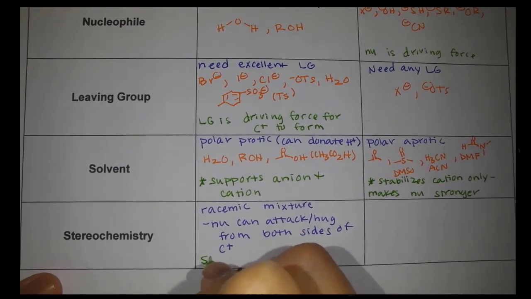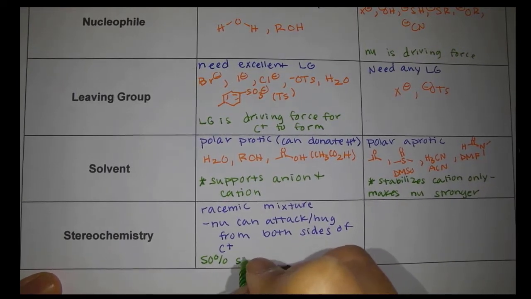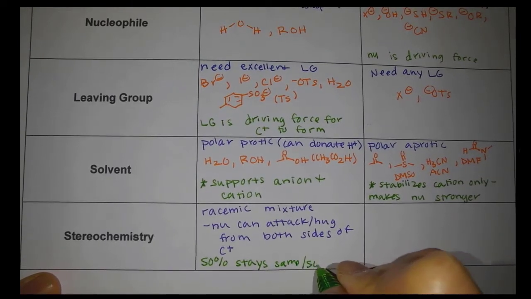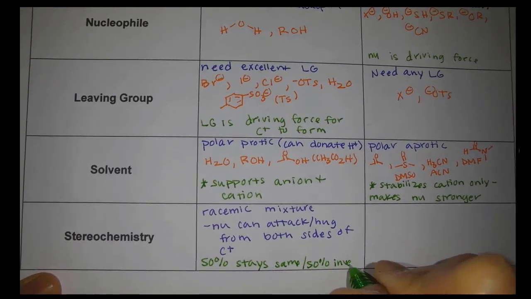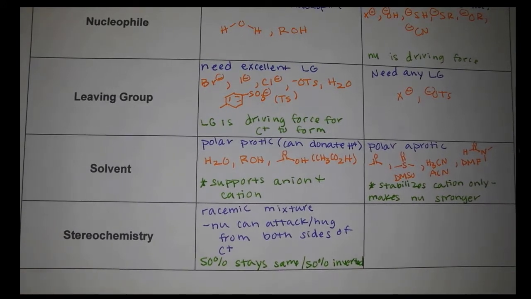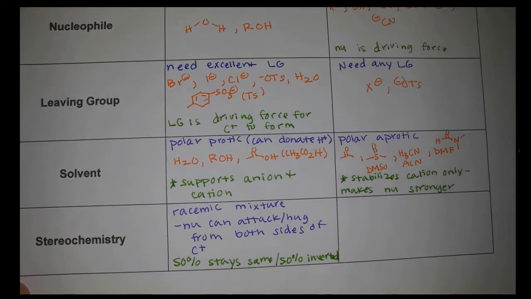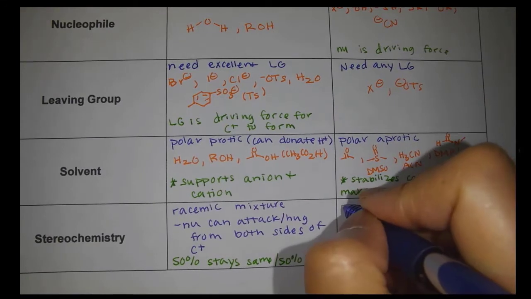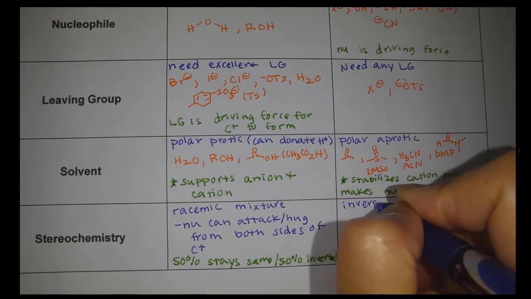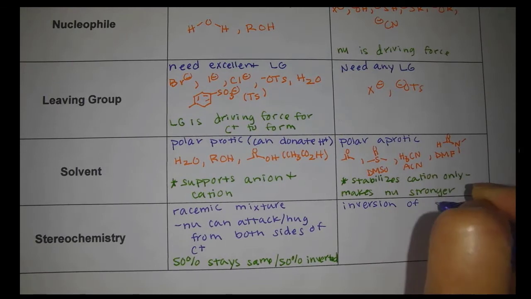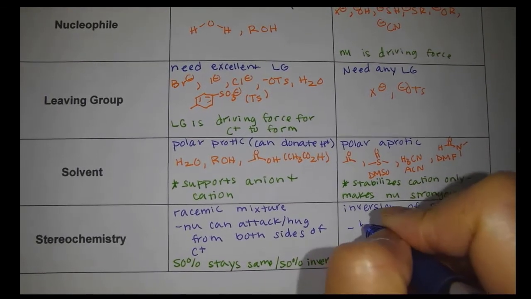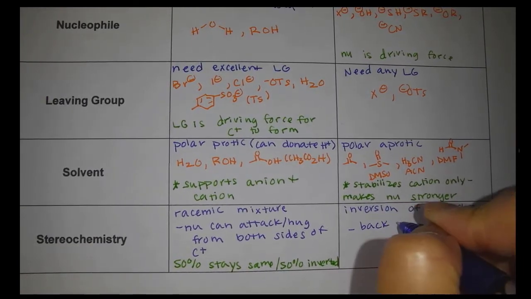So 50% will stay the same stereochemistry, and then we'll get 50% inverted. In the SN2, we have inversion of stereochemistry, because we have backside attack.